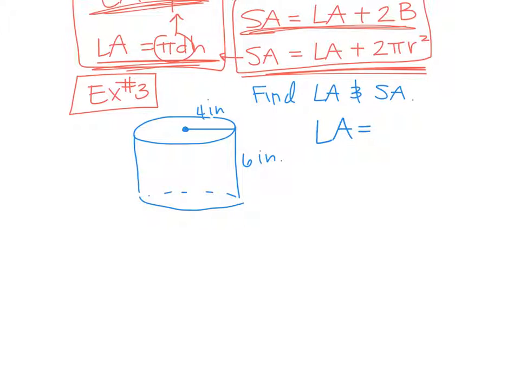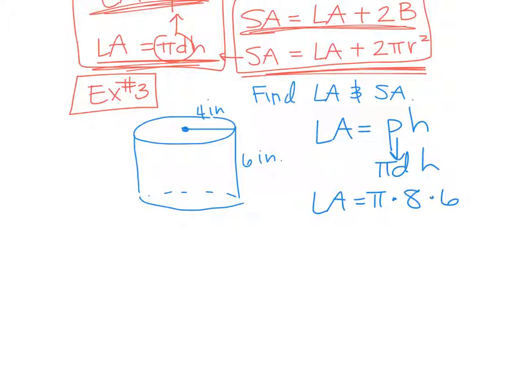So lateral area is the perimeter of the base times the height. Perimeter is pi d, so you're doing pi d h. That means my lateral area is pi times d. What is d? It's the diameter, which would be the whole way across. So if the radius is 4, the diameter is 8, and then the height is 6.